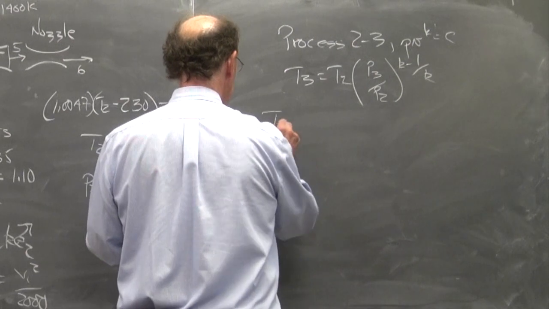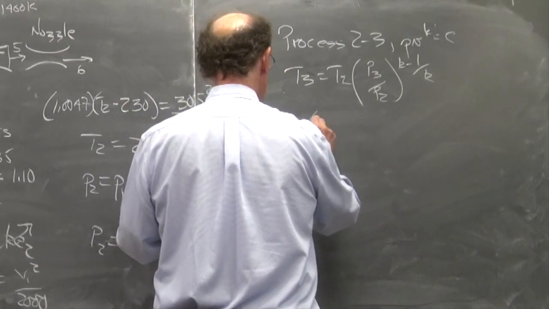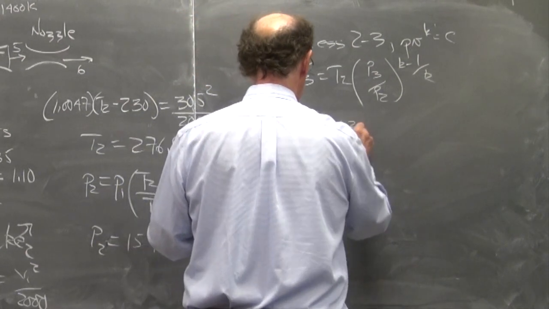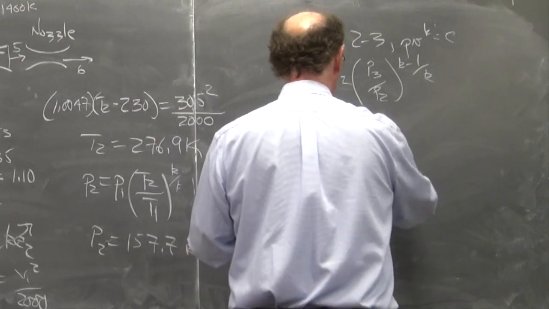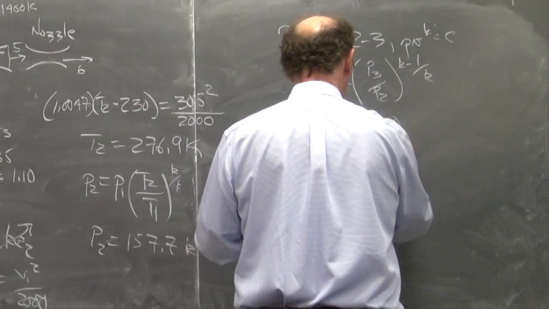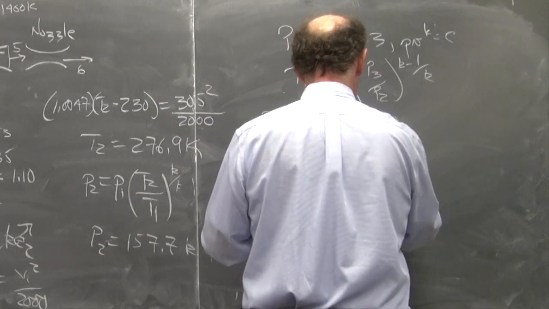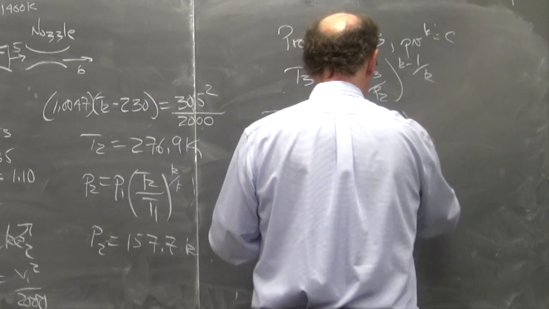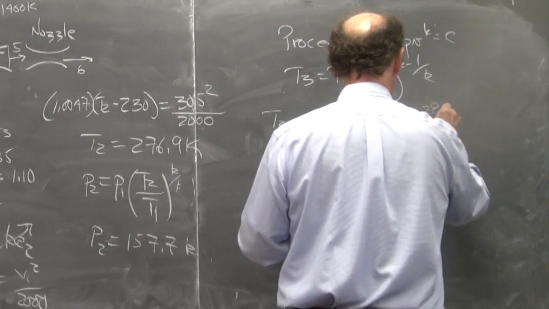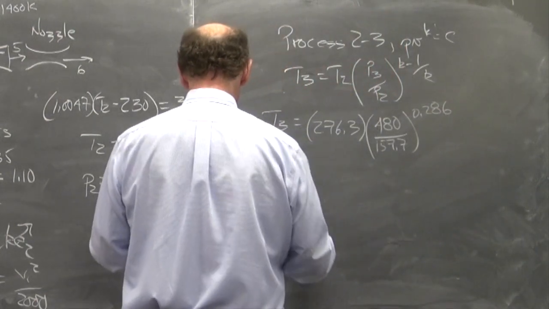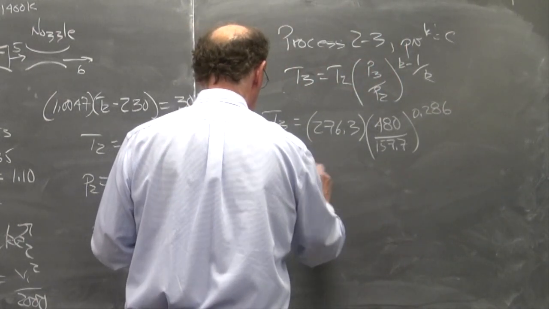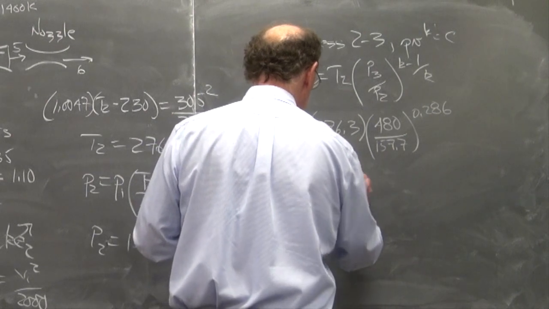T3 is equal to 276.3 times (480 over 157.7) to the 0.286, where I get that T3 is 380 degrees K.